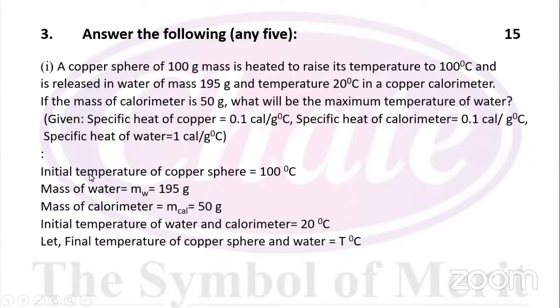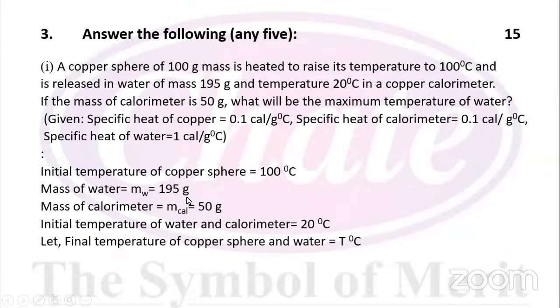Now, for example, what is the initial temperature of the copper sphere? It is 100 degrees Celsius. How? Because they have given us the information that this sphere is heated and its temperature is raised to 100 degrees Celsius. And then it is released into the water of mass 195 gram.